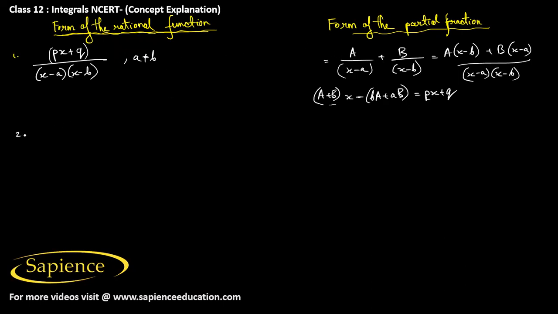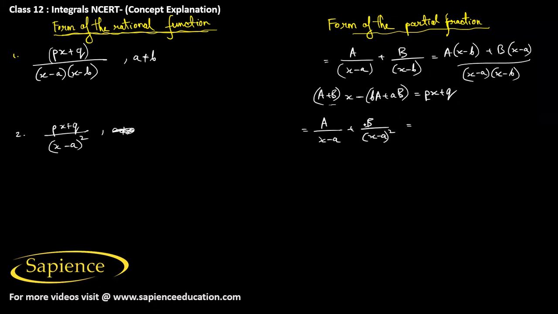And then the second case is that suppose we have px plus q by x minus a whole square, where a is not equal to 0. The form of the partial fraction can be written as A by x minus a plus B by x minus a whole square.